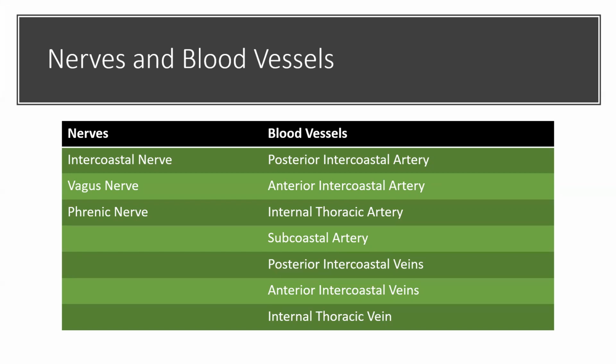And the anterior intercostal veins originate from the intercostal space just inferior to the anterior aspects of their respective ribs, and then drain into the internal thoracic and the musculophrenic veins. And finally, you have your internal thoracic vein, which arises from the superior epigastric vein and drains into the brachiocephalic veins.